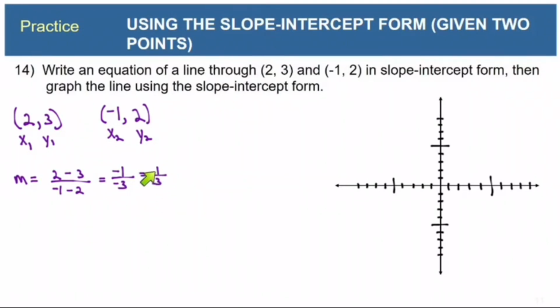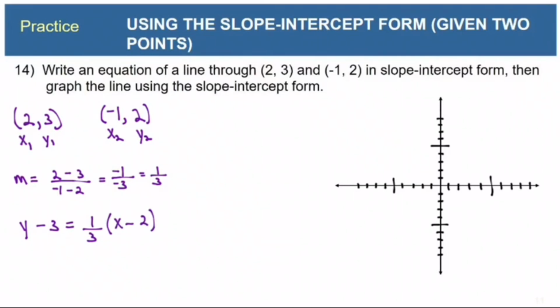Now, using our slope of 1/3 and using this point (2, 3), I'm going to use the point-slope formula. Keep in mind we could have just as easily used the other point. It wouldn't make any difference. I just had to choose one, and I happened to choose this one. So y minus 3, which is the y that we know, equals m times x minus 2, which is the x that we know.